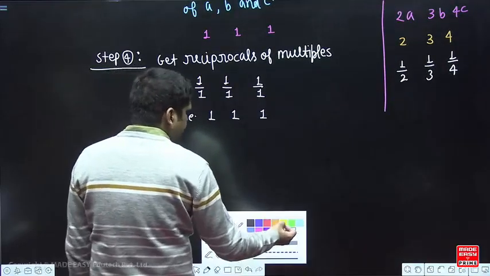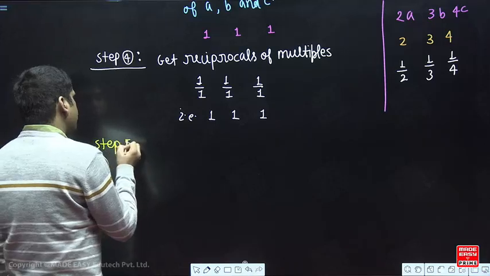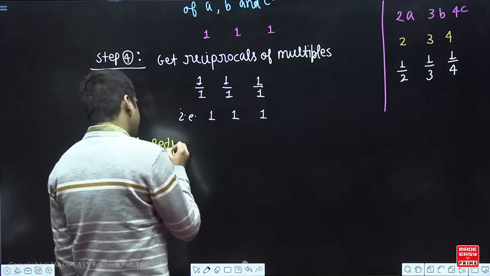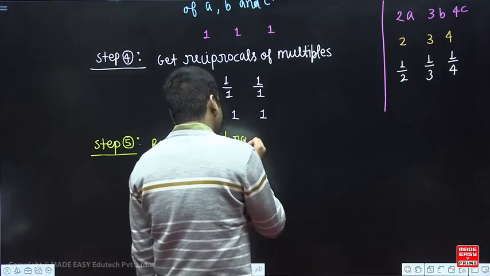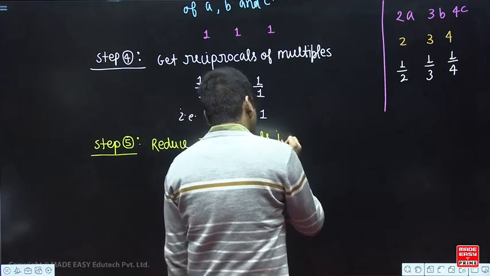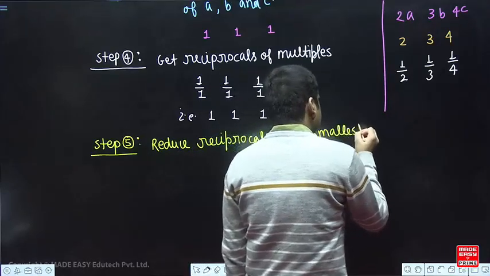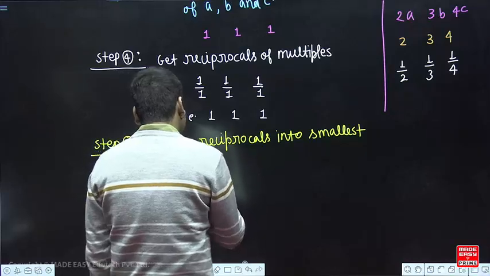Now, step 5. Reduce reciprocals into smallest set of integers. Smallest set of integers.